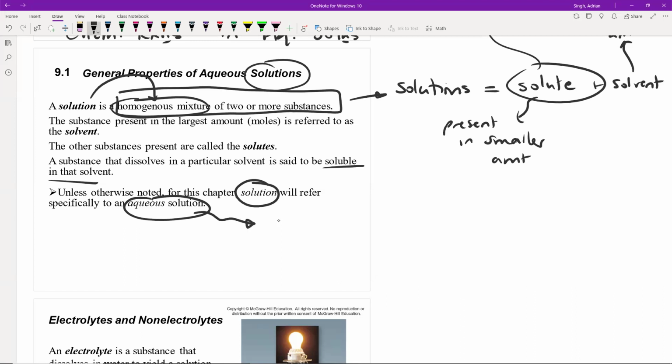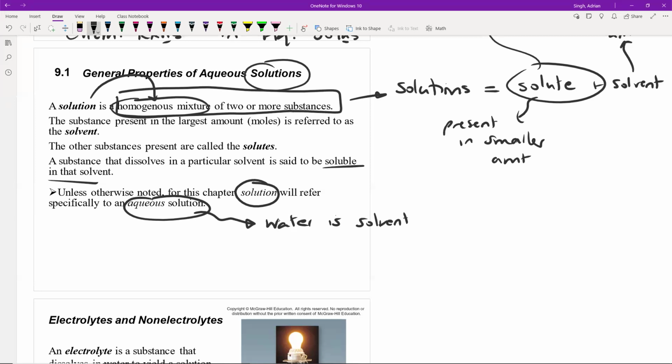In an aqueous solution, water is the solvent. And water is a good solvent. It's sometimes referred to as a universal solvent because it tends to dissolve most things, not everything, but most things, meaning that most other things are soluble in water.